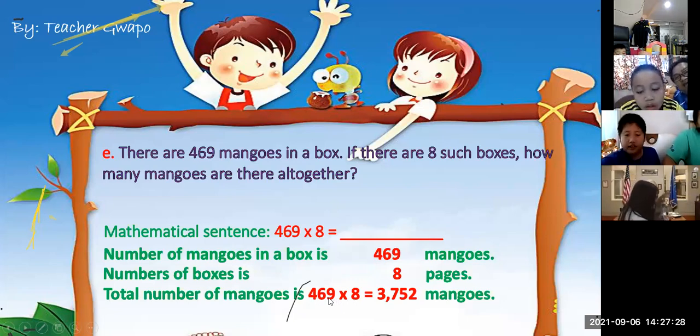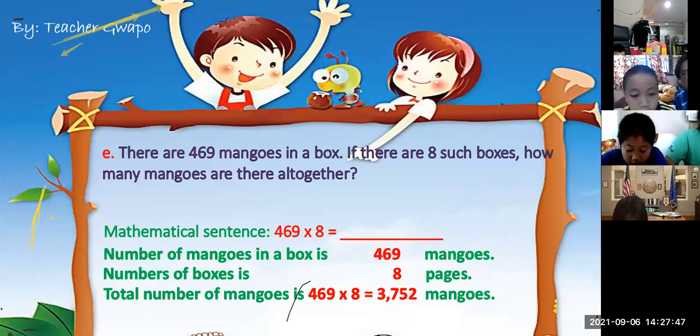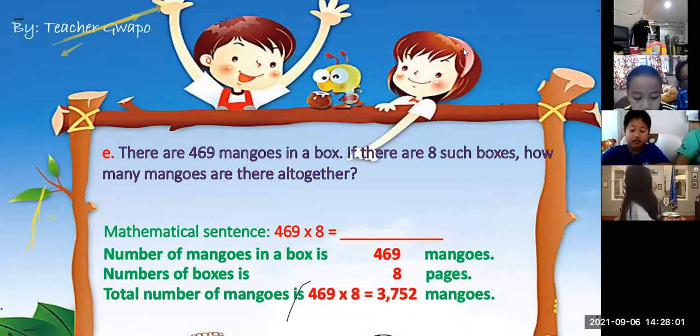If we multiply these two numbers, it will give us an answer of 3,752. 469 times 8 is equal to 3,752.